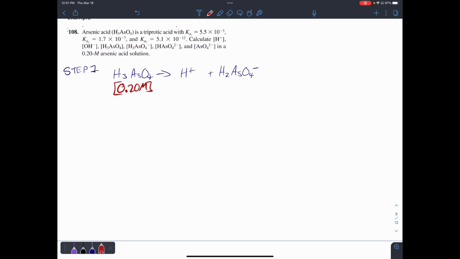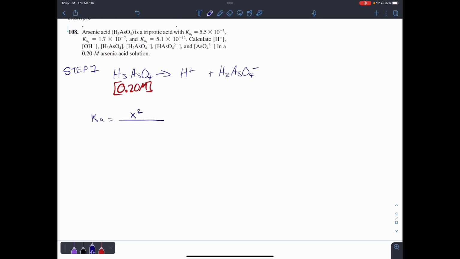Now, I do not know the concentrations of the other substances. Do I? No, but I can figure those out with the same methods we've been using. So remember, products over reactants. The two products here are H plus and the anion that came off. So since they're in a 1-to-1 ratio, this will be x squared in the numerator.